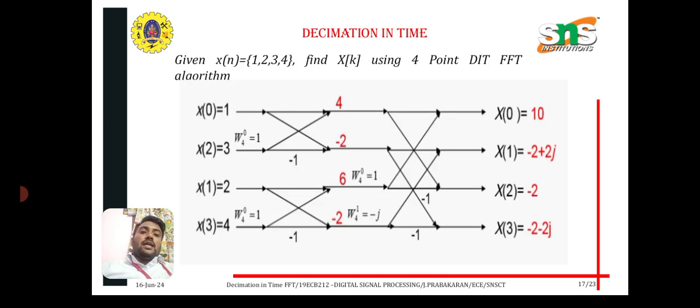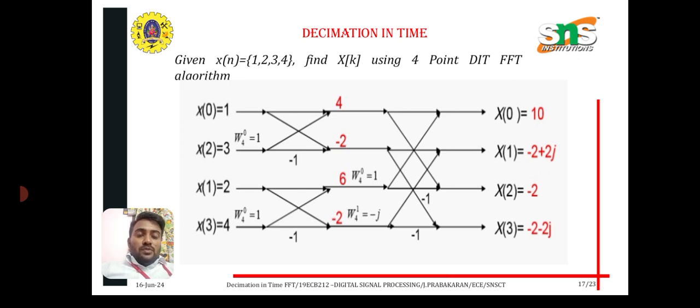This is one example problem of the 4-point DIT FFT algorithm. The input sequence x of n is 1, 2, 3, 4, and the bit reversal ordered sequence is 1, 3, 2, 4.